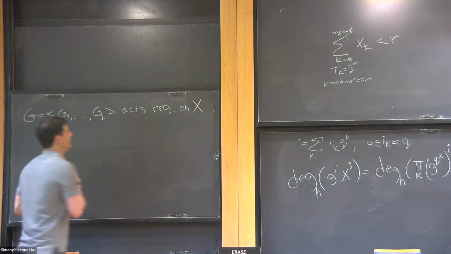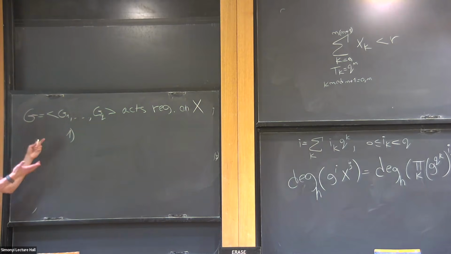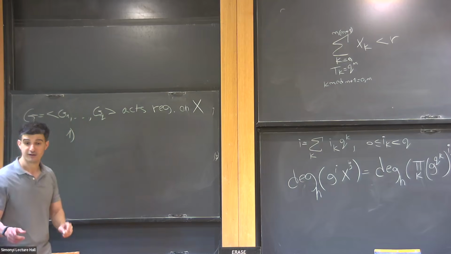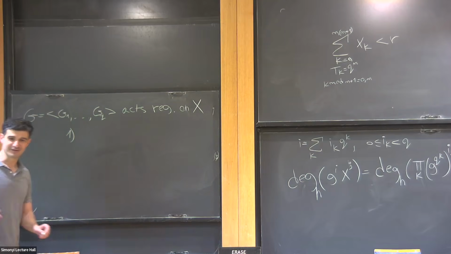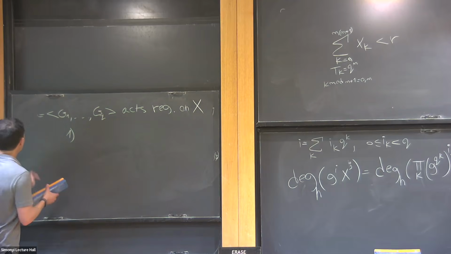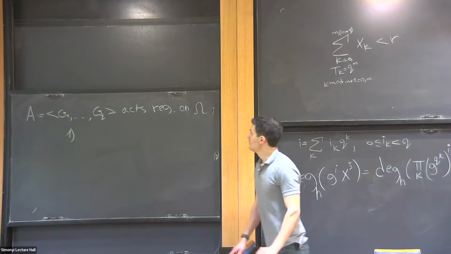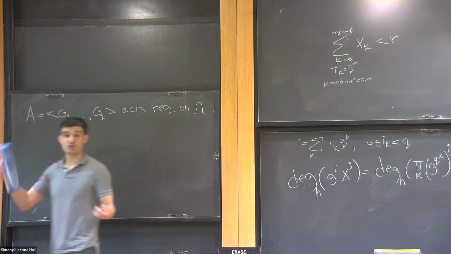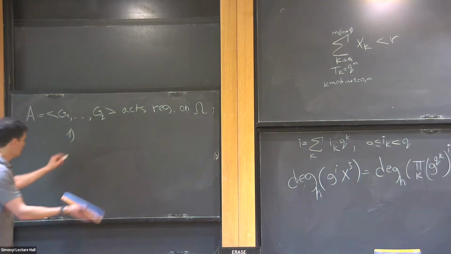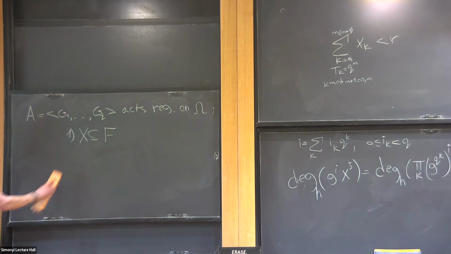In the examples that we saw today, the group, which we call A, was generated by two groups, so t was 2, and A acts regularly on the set omega. So in our case, t was two groups, and omega was some subset of some finite field.